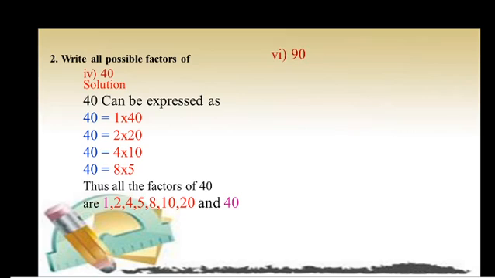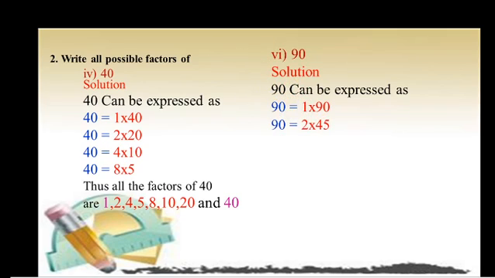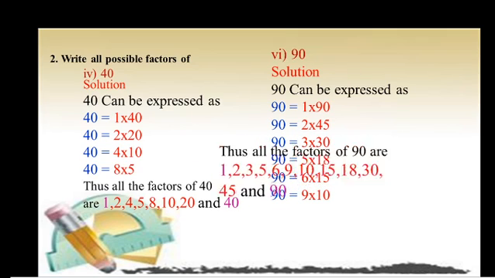And another one, that is 90. Solution: 90 can be expressed as 90 equals 1 into 90. So 2 forty-fives are 90, 3 thirties are 90, 5 eighteens are 90, 6 fifteens are 90, 9 tens are 90.